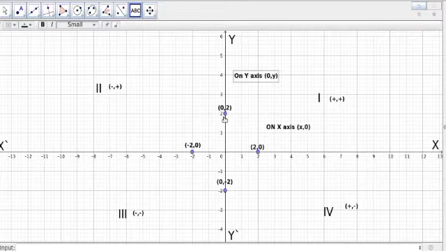Above the x-axis the points are like 0, y, and below the x-axis the points are of the form 0, -2. So if the points are on the x-axis, they are of the form x, 0, and if the points are on the y-axis, they are of the form 0, y.